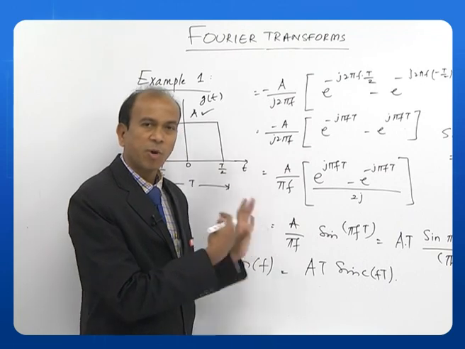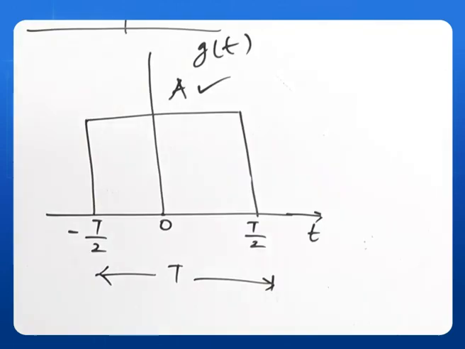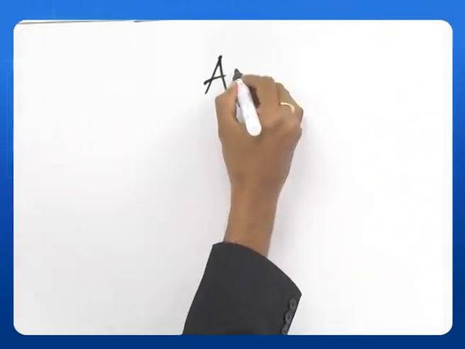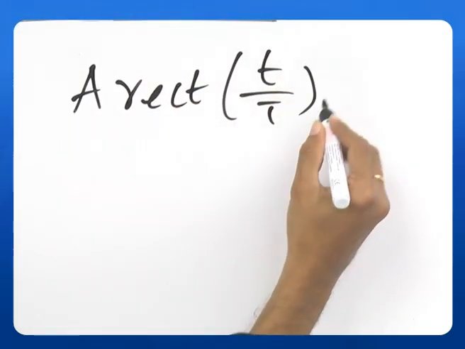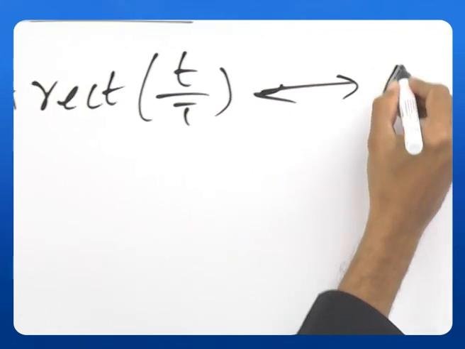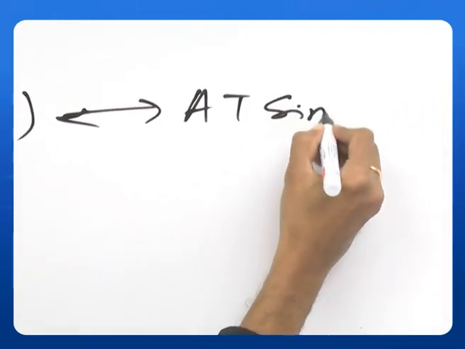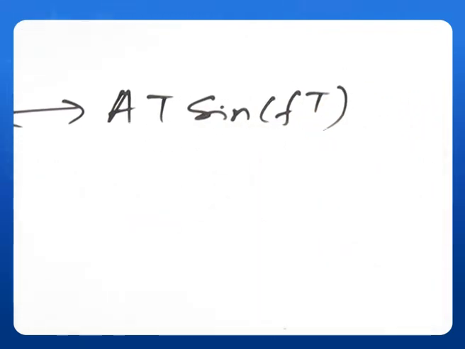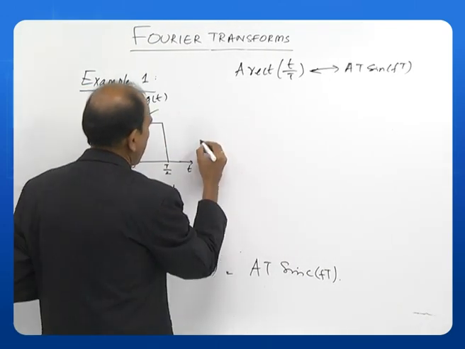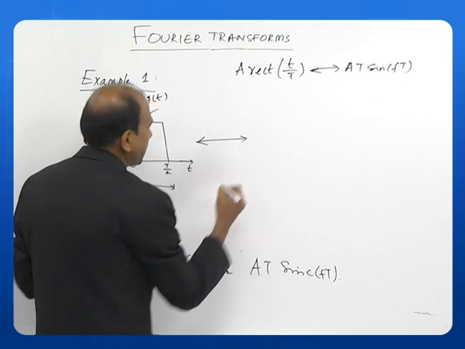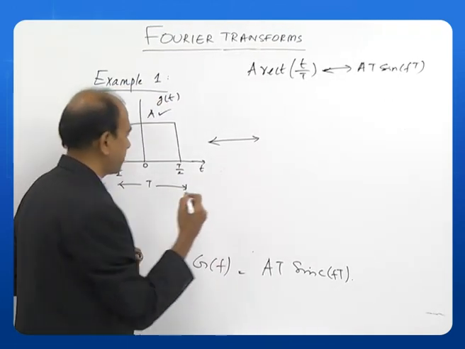Now, let us draw the plots for these two. Now, a rectangle t by t is having a Fourier transform which is a t sinc f t. So, this is a sinc function. Now, sinc function we already know what is the wave shape. So, let us draw it in the form of a waveform here.